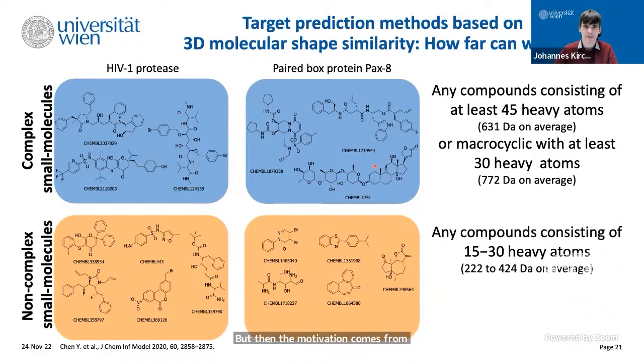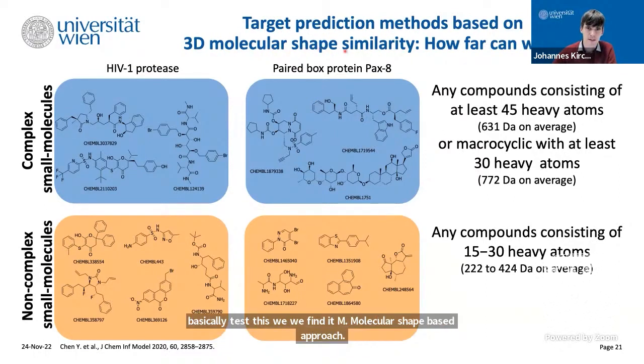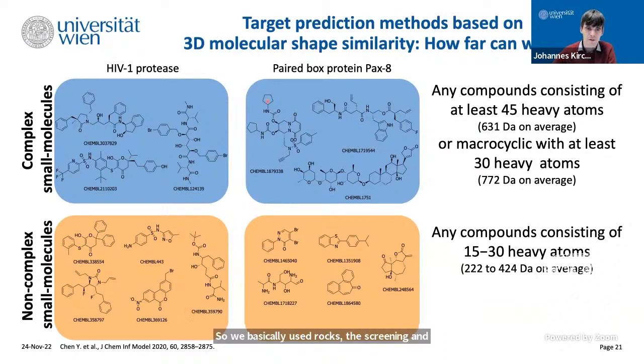In order to test this, we followed a molecular shape-based approach. We used the screening engine ROCS to encode the molecular shape of these molecules and compare it. By comparing the shape, aligning the molecules, and comparing the overlap, we measure the similarity between two molecules and associate the biological activity based on the known biological activities of structure-related molecules.